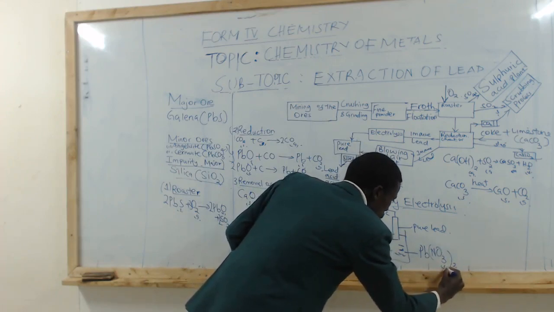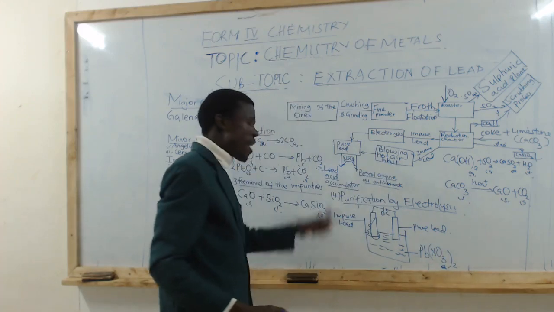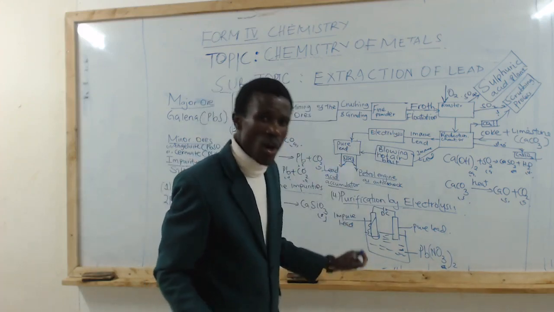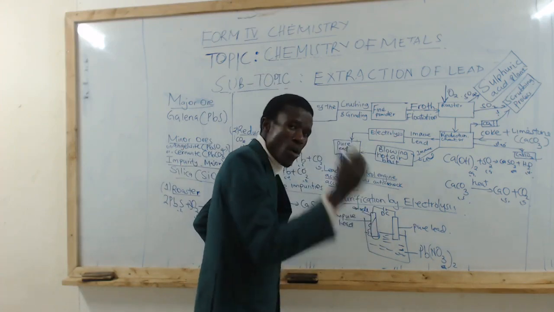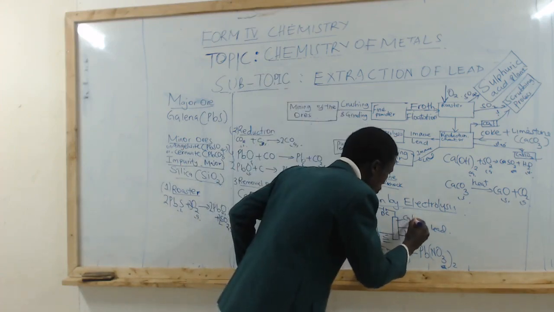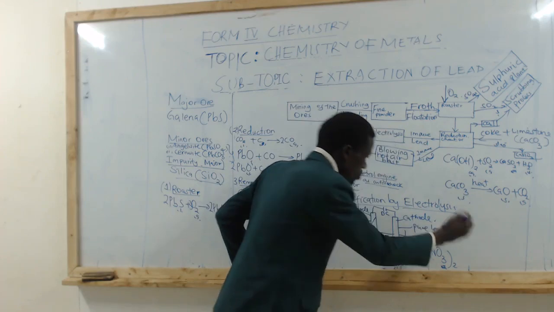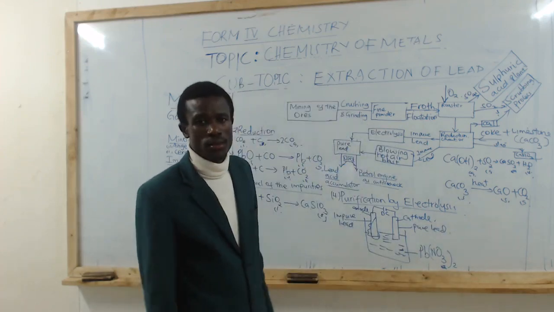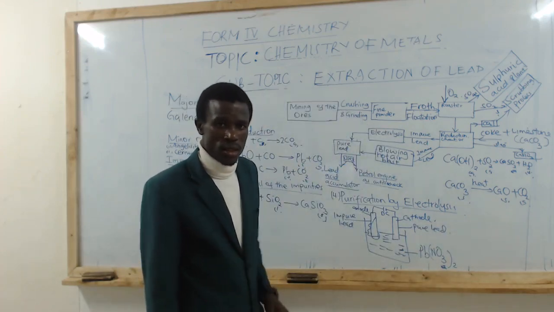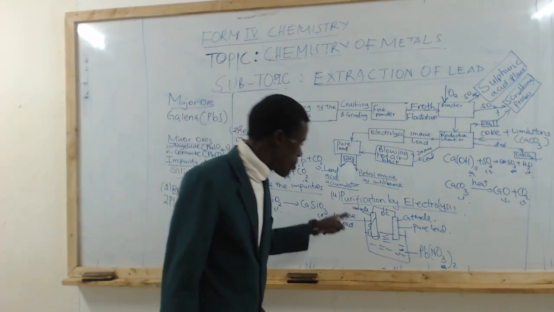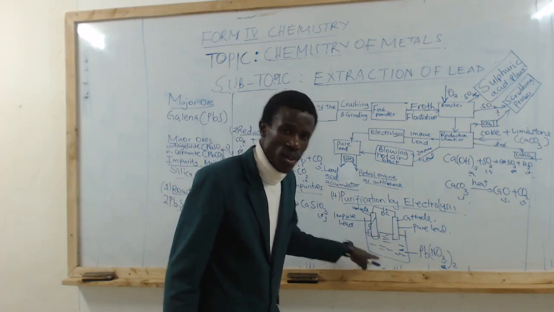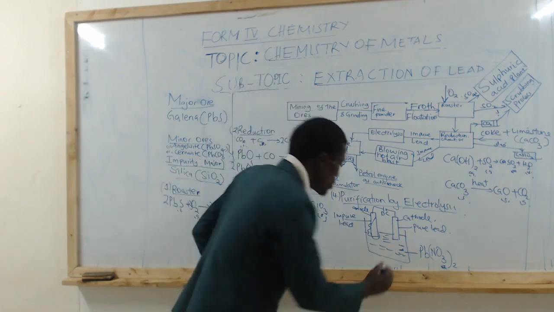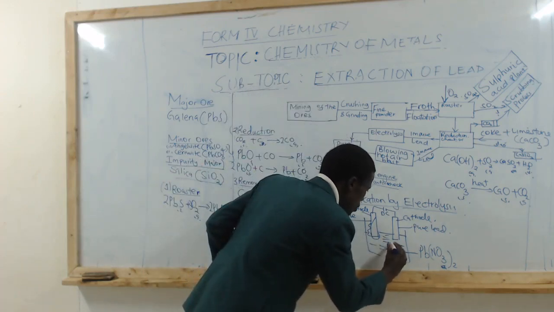Now, why are we doing this? Having impure lead at the anode and pure lead at the cathode is key, because the impure lead will dissolve into the solution, producing lead ions.